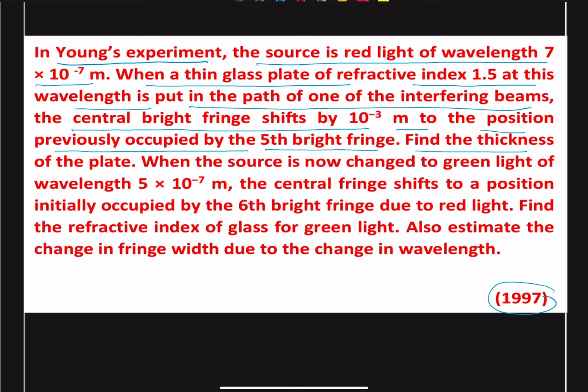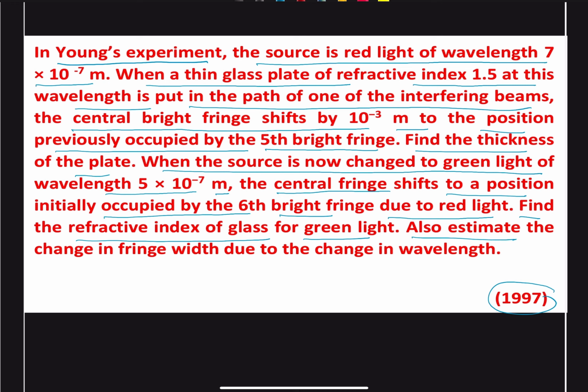Find the thickness of the plate. When the source is now changed to green light of wavelength 5 into 10 to the power minus 7 meter, the central fringe shifts to a position initially occupied by the sixth bright fringe due to red light. Find the refractive index of the glass for green light. Also estimate the change in the fringe width due to the change in the wavelength.